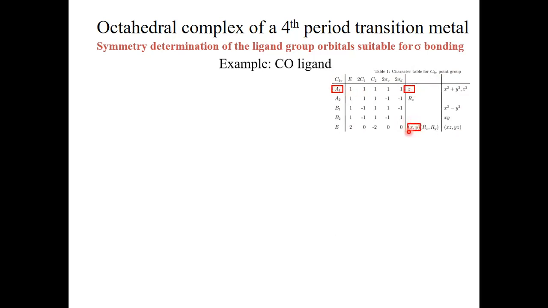We see that px and py orbitals have the symmetry type of E. So our s orbital would also have the symmetry type A1. So of course our valence orbitals of the CO ligand would only be the 2s and the 2p orbitals, and therefore these are the only orbitals we need to construct our molecular orbital diagram.